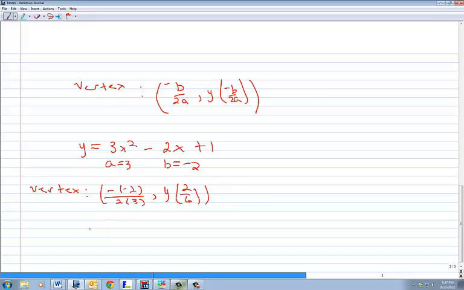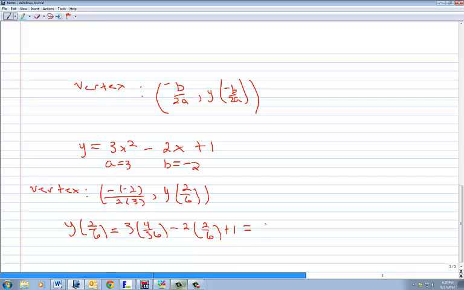Let me compute y of 2/6 over here. That's going to be 3 times (2/6) squared, which is 4 over 36, minus 2 times 2/6, plus 1.